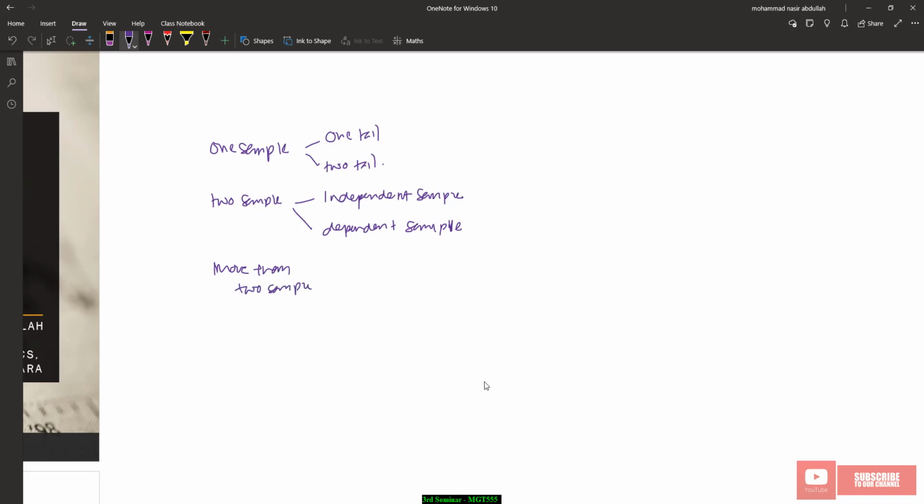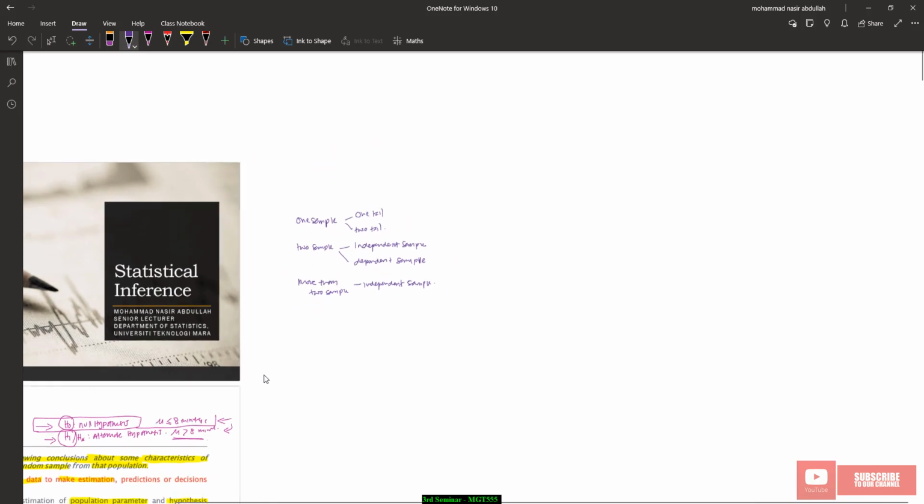Means that we have more than two sample, 3 or 4 or 5, right? So this is going to be independent sample. So I hope you jot down the note here. In this topic, we are focusing on one sample, two sample, and more than two sample. One sample, we have one tail and two tail. Two sample, we have independent sample and dependent sample. More than two sample, we only focus on independent sample, right?